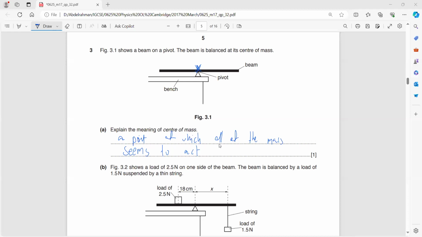The mass is distributed throughout the whole beam, throughout the whole object. But the center of mass, it's as if the whole weight or the whole mass is acting at this point. It's a very critical, crucial point. It's really important.